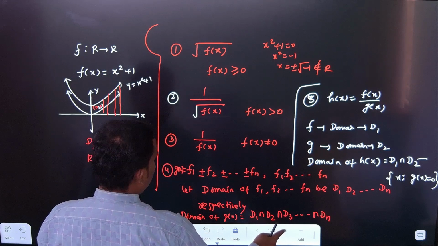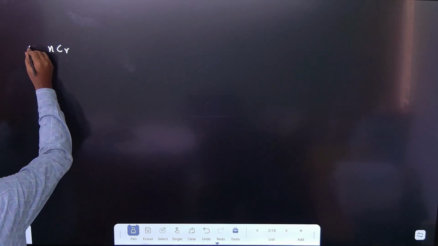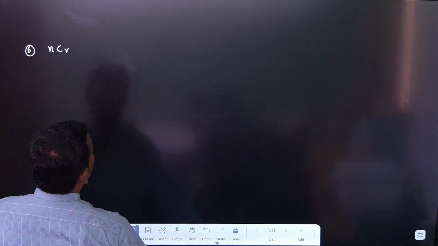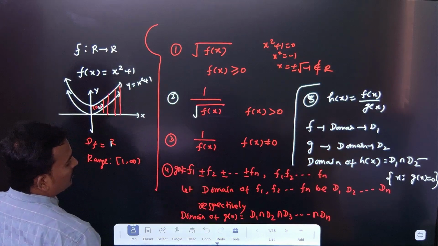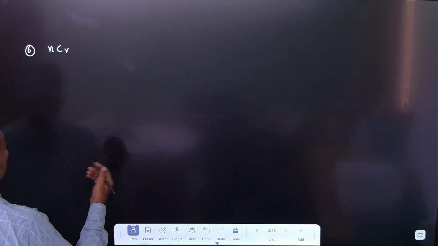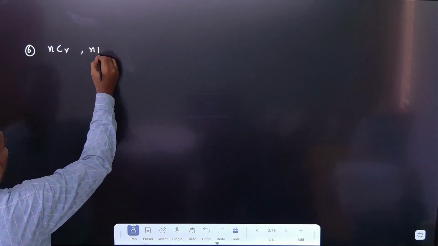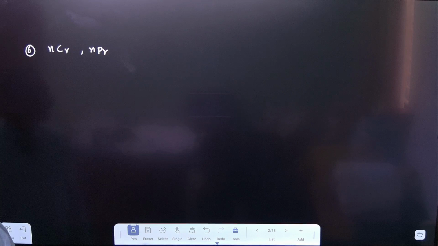Next concept, the fifth one: nCr or nPr. What condition is required?